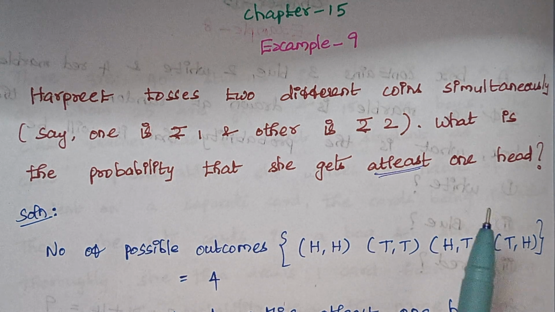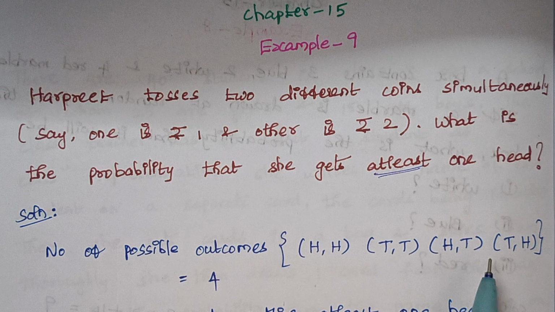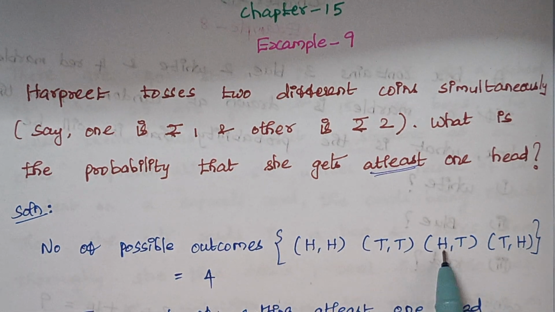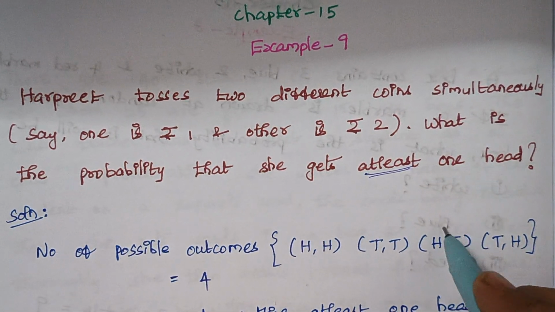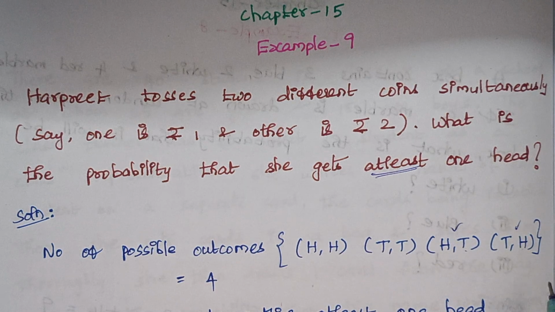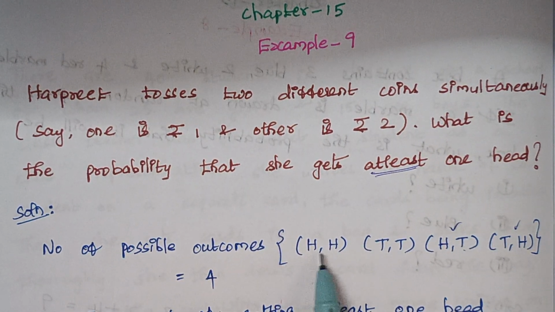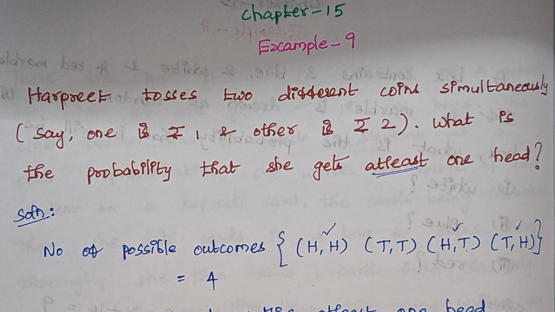Out of these 4 outcomes, check which have at least 1 H. Here I have 1 head, 1 tail, and here I have 1 tail, 1 head. So we have to select these 2. Apart from that, at least 1 head: here I have 2 heads, so I can select this also.